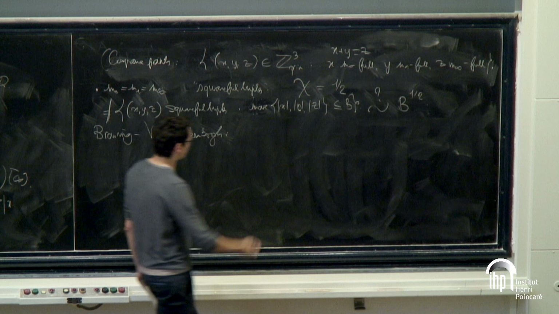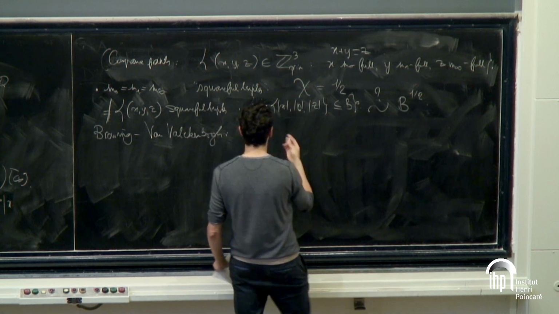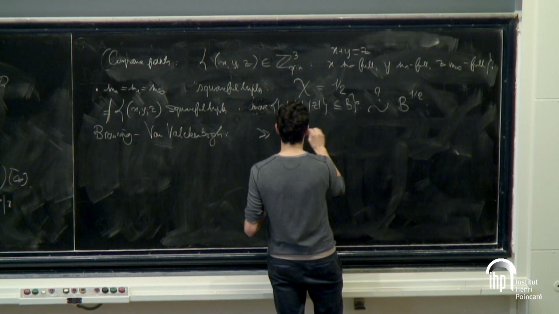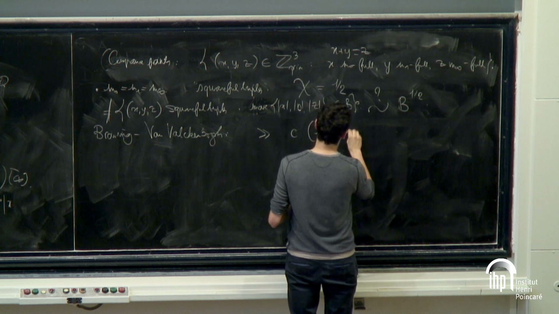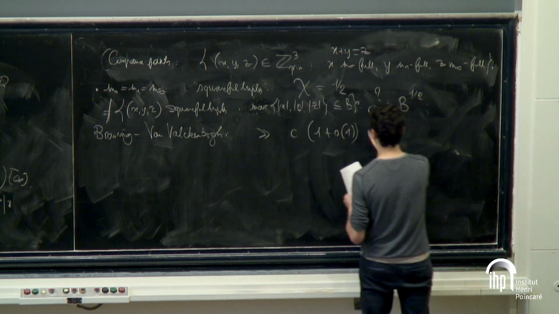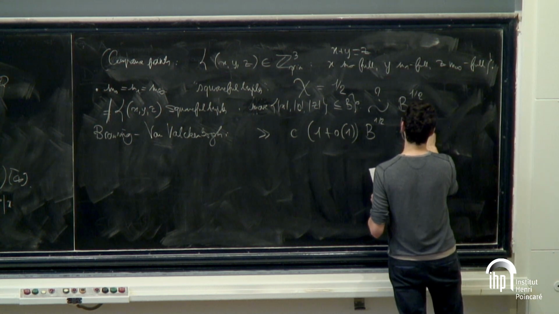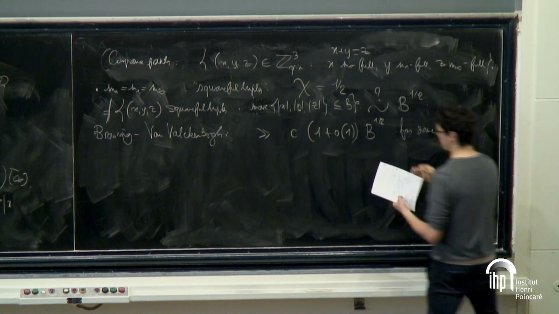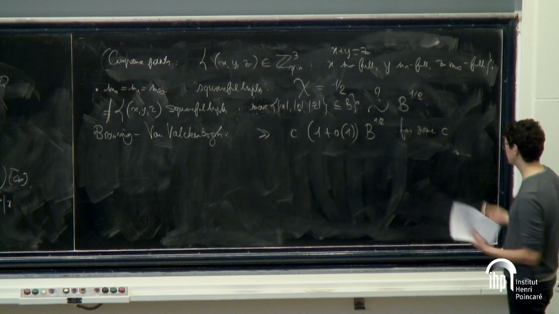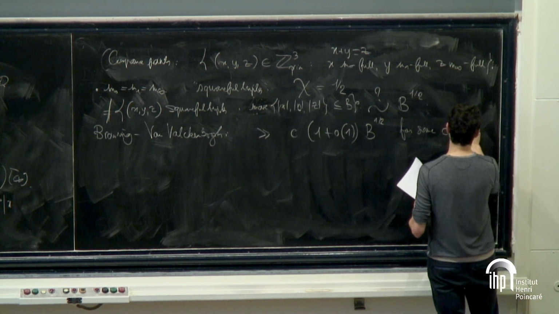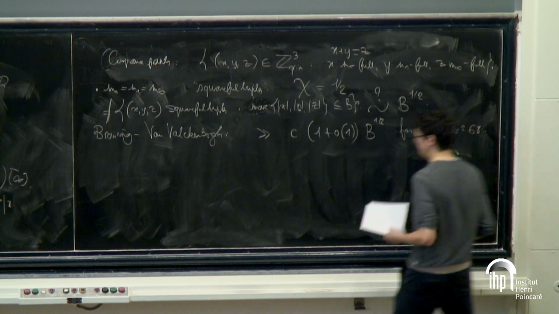They proved that this counting function grows at least as c times (1 plus something going to 0) times the square root of b, for some constant c, which they approximated numerically. It's something ugly.